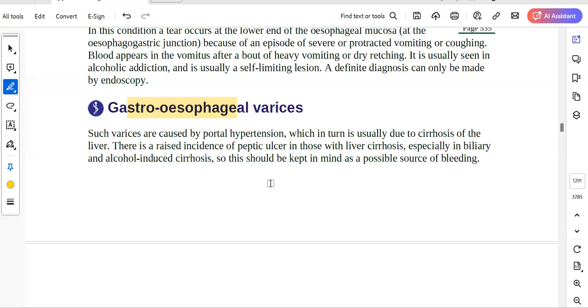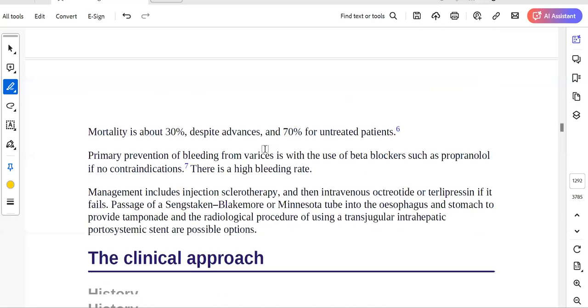And these varices, they are very immature, tiny little blood vessels. They can easily burst and can cause hematemesis. Right? So if it's a known case of liver cirrhosis and patient coming to you with upper GIT bleeding, you should consider first that it is likely to be a variceal bleeding.